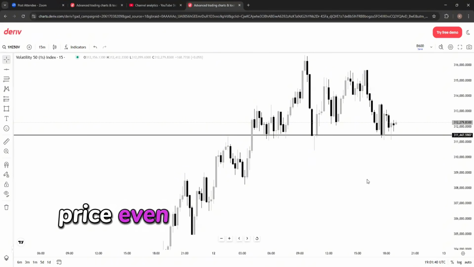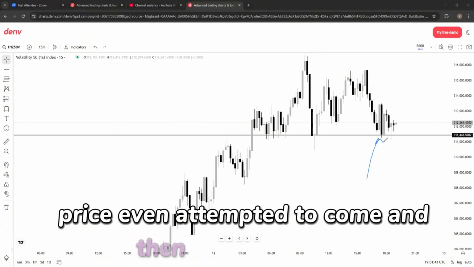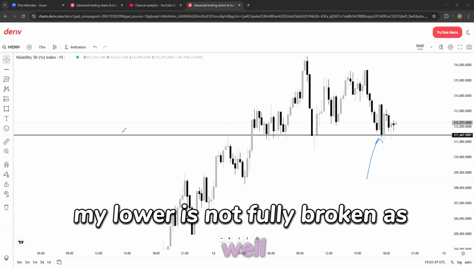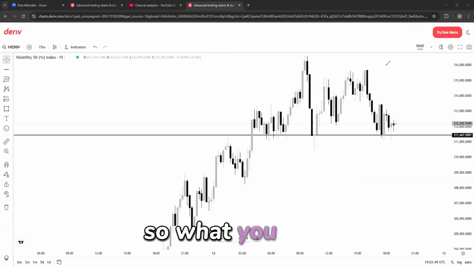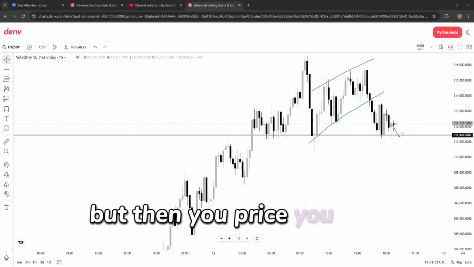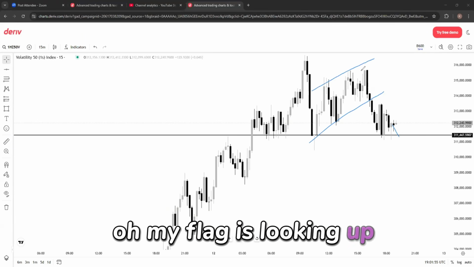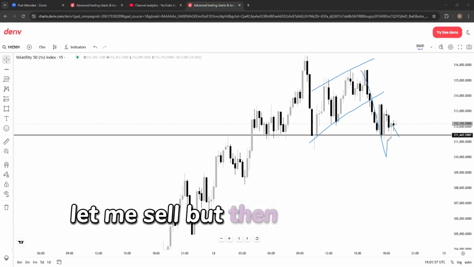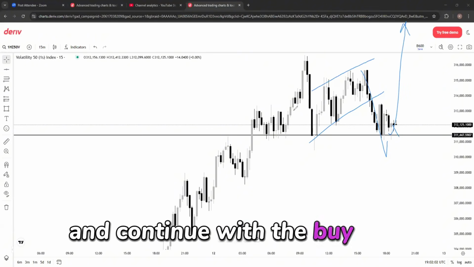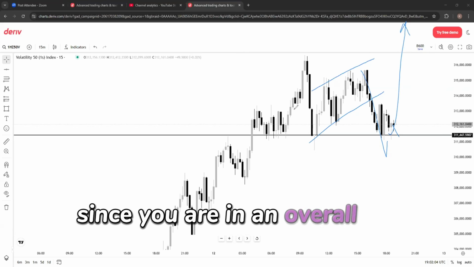Price even attempted to come and break that area. My low was not fully broken as well. So you see something that looks like a flag here, and you start thinking, oh, my flag is looking up, let me sell. But then you see that your price will come and continue with the buy trend, since you are in an overall buy trend.